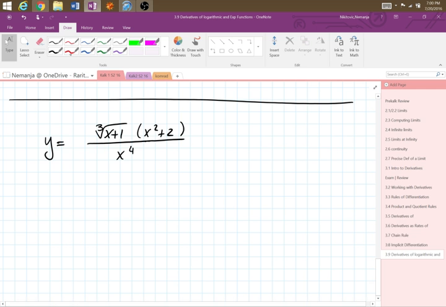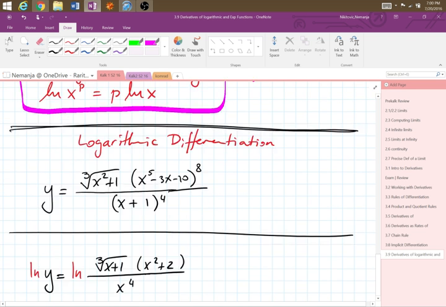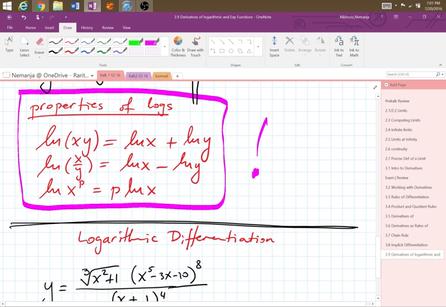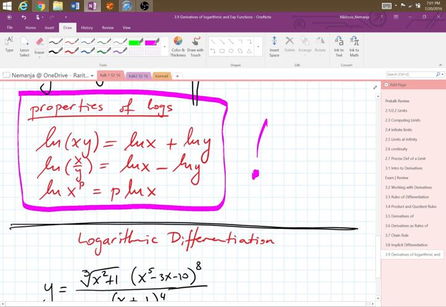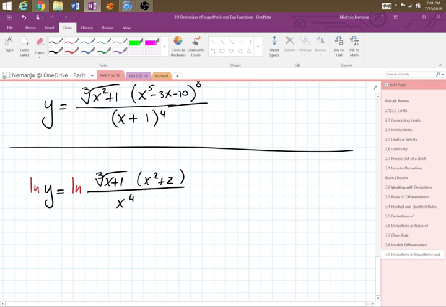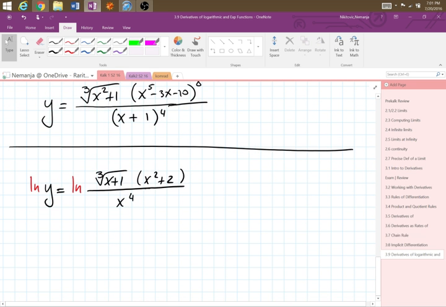So the trick is to take ln of both sides and then disassemble the right-hand side completely using the three rules. So if you're able to do that part mentally, the rest of the problem should be quick. So I have ln y is equal to, and now anything that is in the numerator is going to be plus ln, and anything that's in the denominator is going to be minus ln.